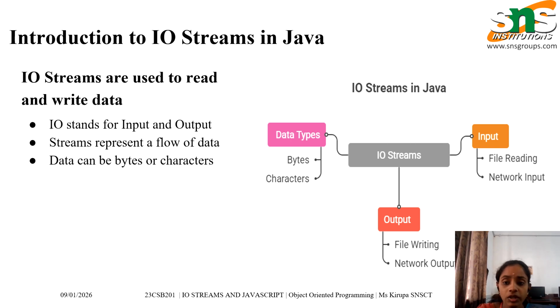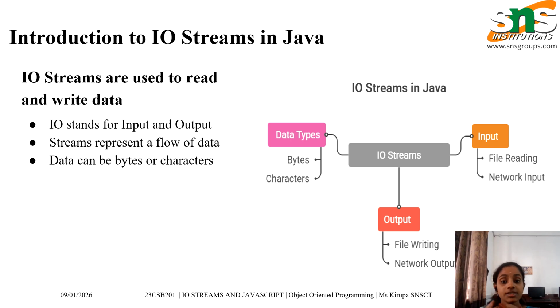So why do we use IO streams? In Java, IO streams are used to handle the flow of data between a program and a source or a destination such as a file, the console, or a network connection.